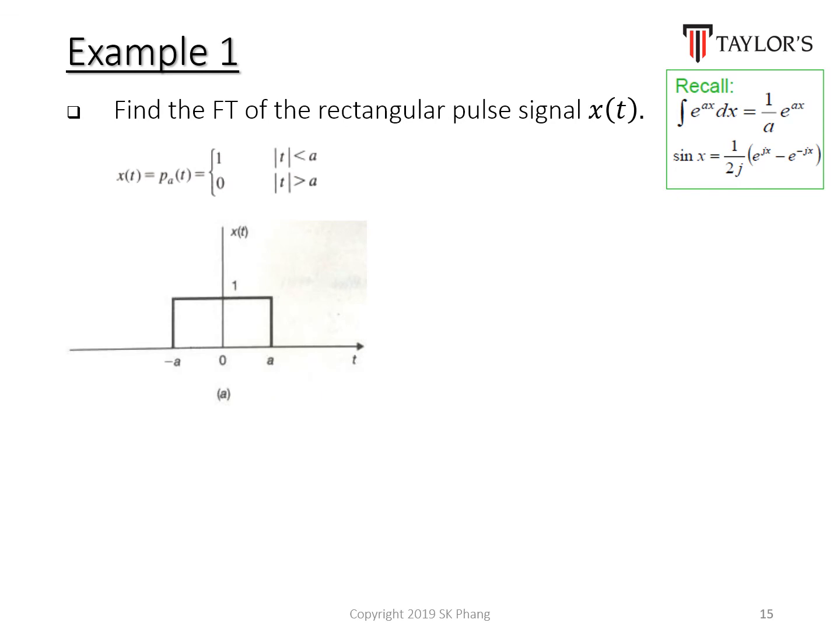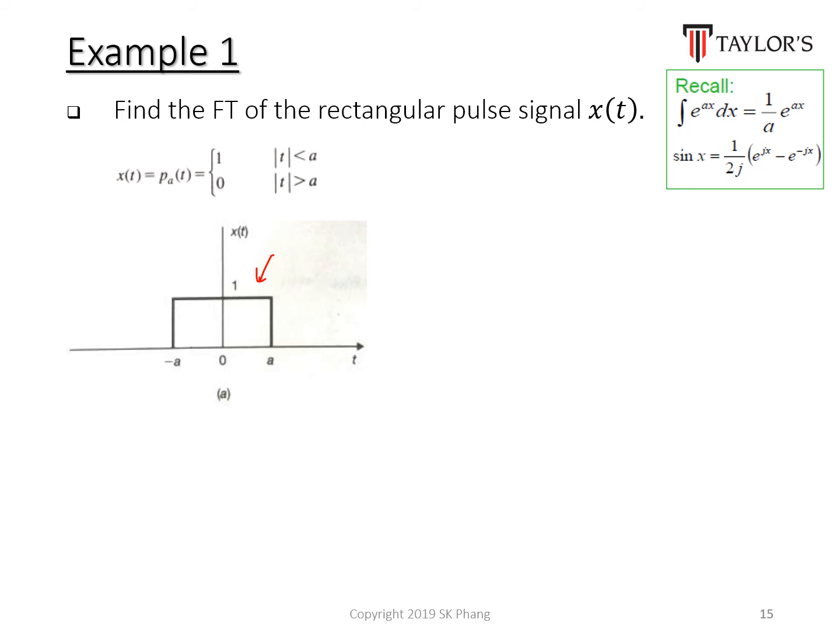Let us look at this example. Let us try to solve it together over this slide by using the formulas of the Fourier transform. This is the usual example I always give, a rectangular signal. It extends from negative a to a.